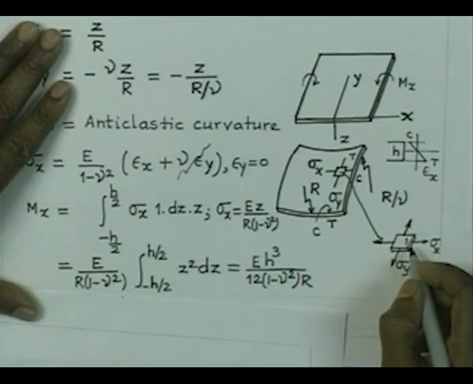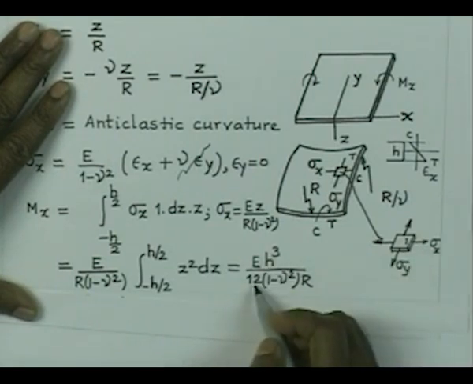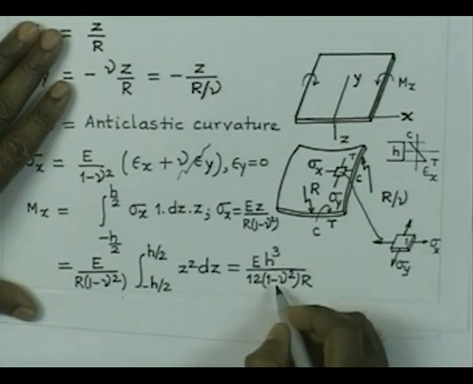So, the moment of inertia should have been b h cube by 12, so 1 into h cube by 12, that is what is in the case of beam, but then here we have an extra effect which is due to the plate action, which is 1 minus nu square.